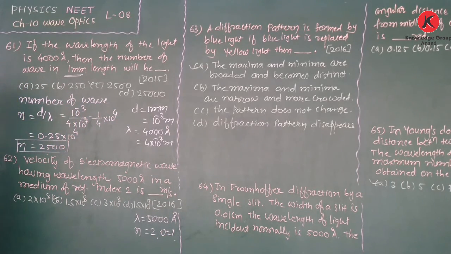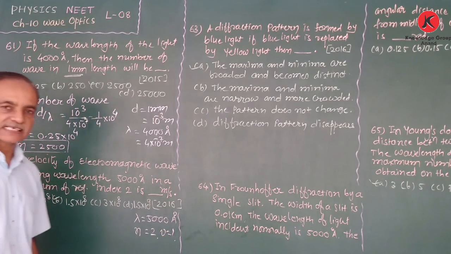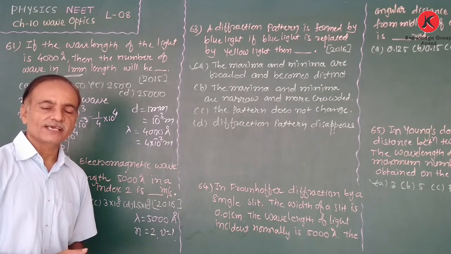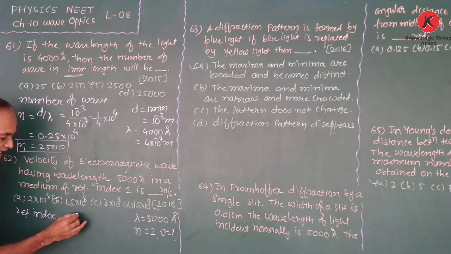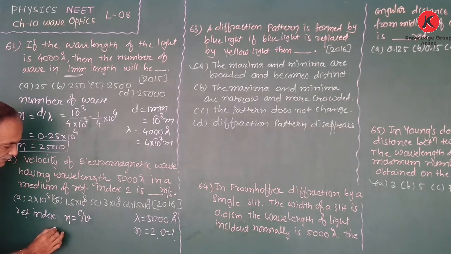Now, the refractive index depends on the velocity. From the equation, n is equal to c by v. Therefore, v is equal to c by n.